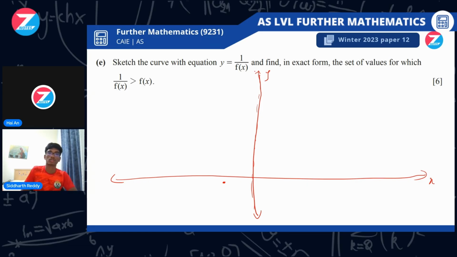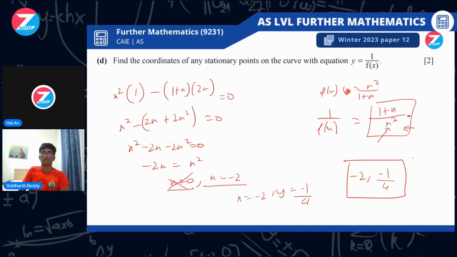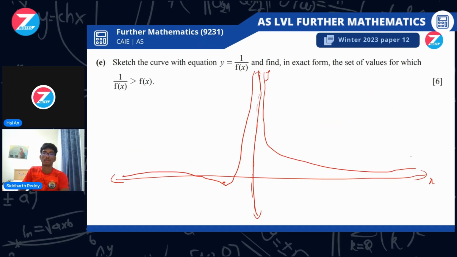So this part is going to be looking something like this, and this part is going to be looking like this. So that's the graph of 1 by f of x. And let's find the values for which 1 by f of x is greater than f of x. So just like superimposing the graph of f of x over here, we have something like this.